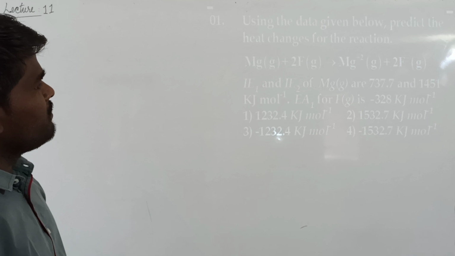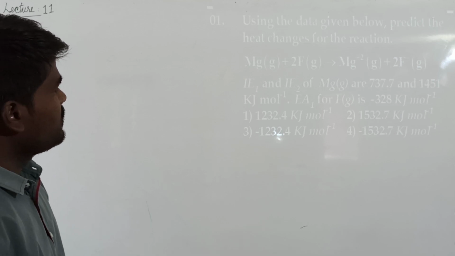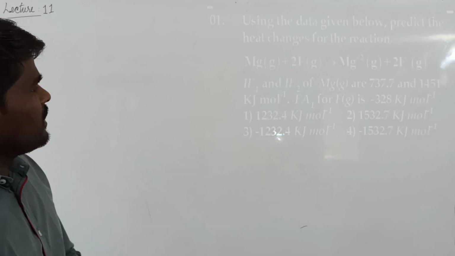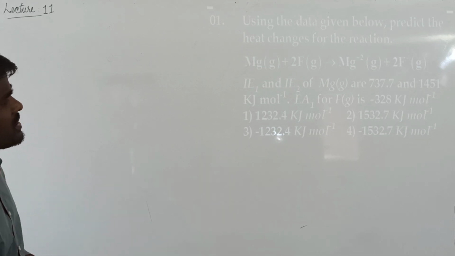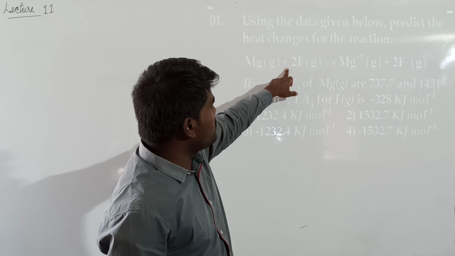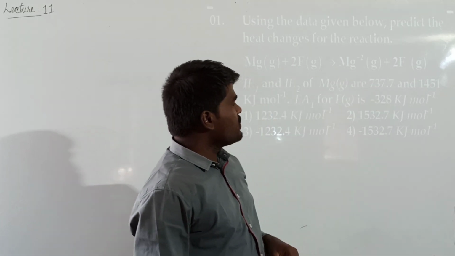Using the data given below, predict the heat changes for the reaction. What is the reaction given? Mg gaseous atom reacts with two fluorine atoms in gaseous state to form Mg2+ plus 2F-.